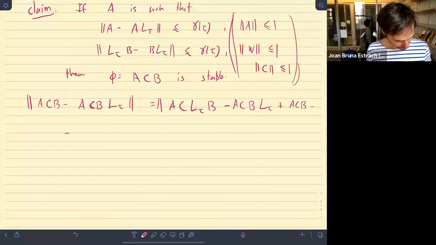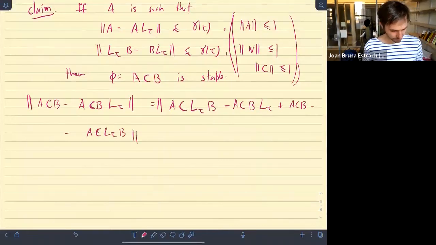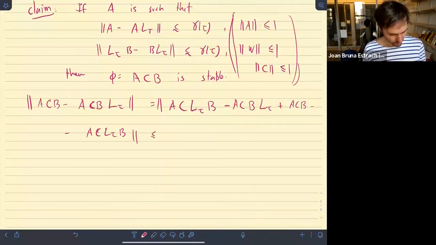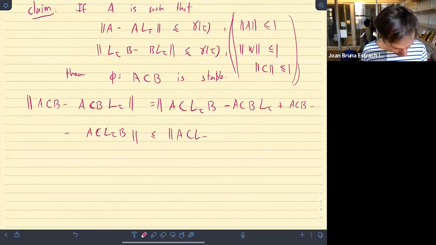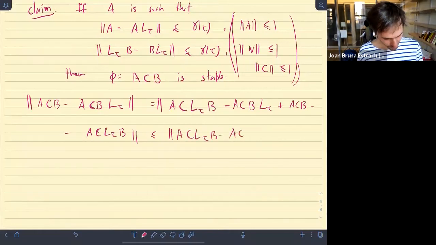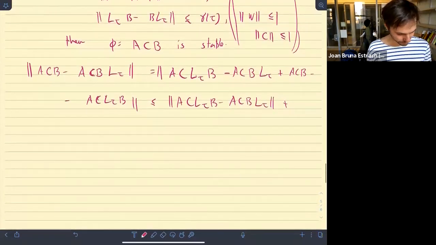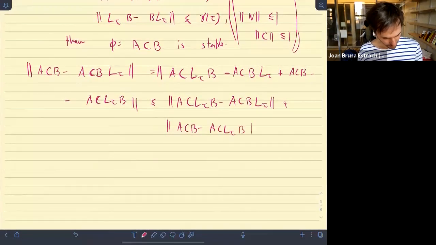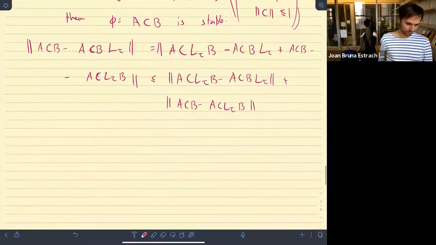Minus AC delta of B. Okay. Now we apply the triangular inequality. So this is the same as A, C delta of B minus A, C, B delta plus ACB minus AC delta times B. Okay.